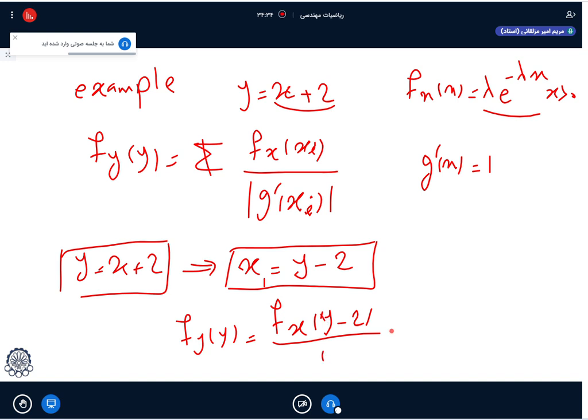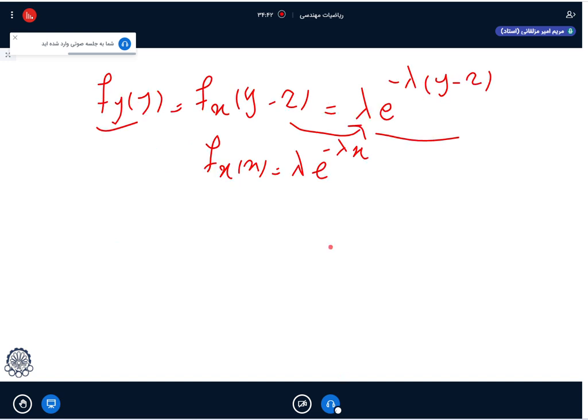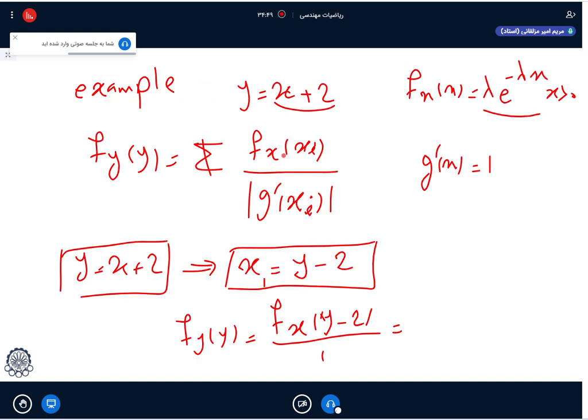So we have f_Y, the PDF of y, equal to the PDF of x at the point y minus 2. Previously we had this formula from the first approach. Here, we directly use this formulation, and very simply, we can obtain the PDF of y.